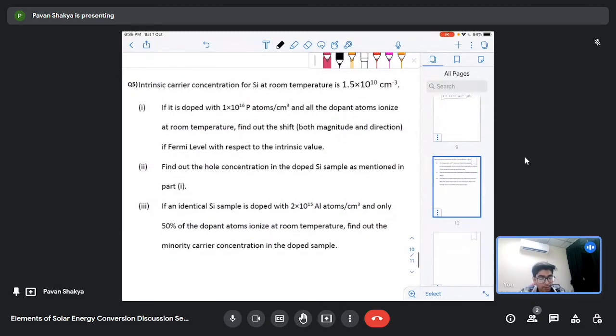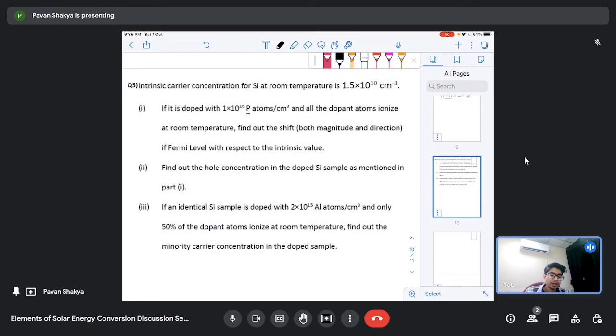There are three parts to this question. In the first part, it is doped with 1 into 10 to the power 16 phosphorus atoms per centimeter cube, and all the dopant atoms are ionized at room temperature. Find out the shift, both magnitude and direction, of the Fermi level with respect to the intrinsic value.